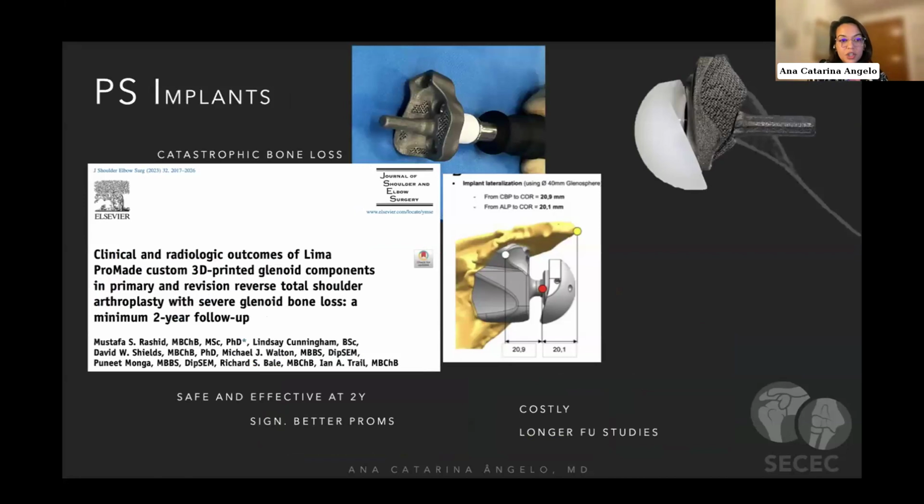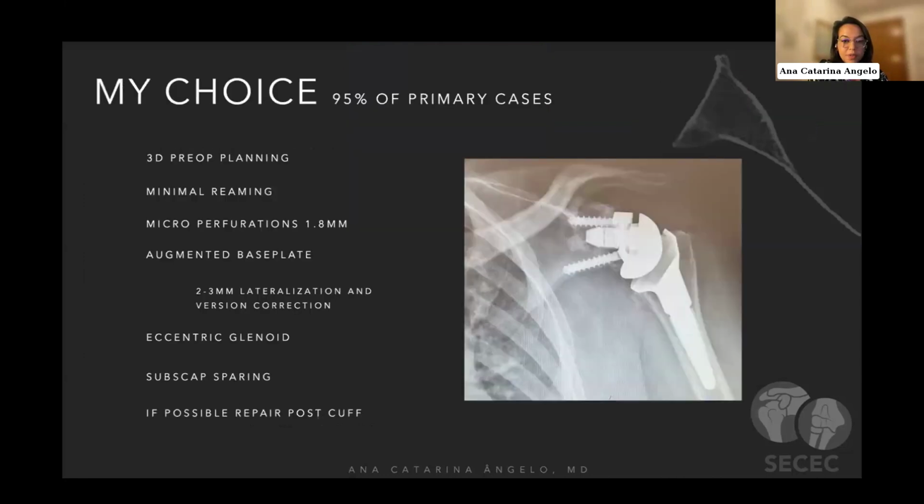And to finish, patient-specific implants that are printed to mimic your defect can be a very good solution, and they've proven to be safe and effective in a short follow-up, but they are costly, and we definitely need longer follow-up studies.